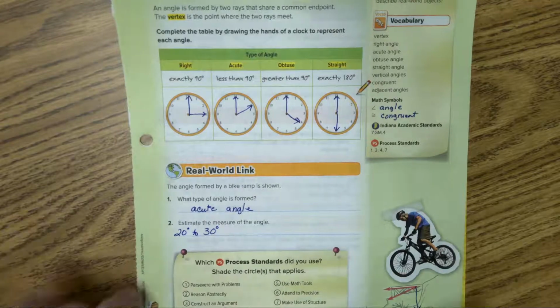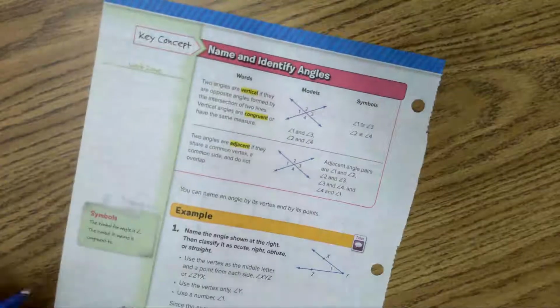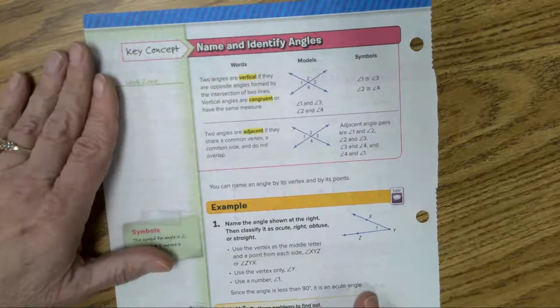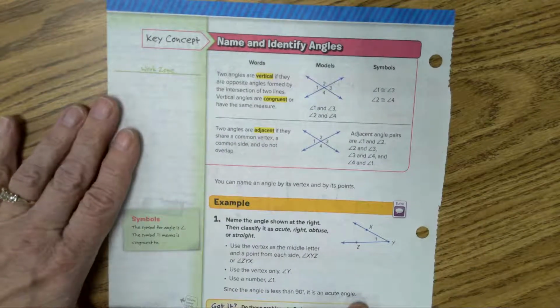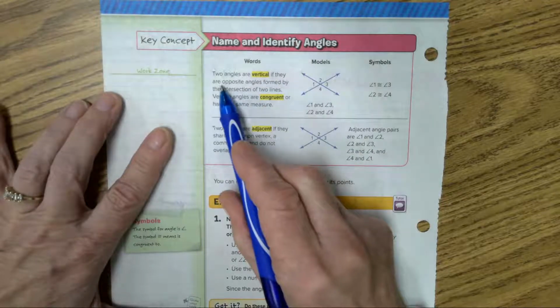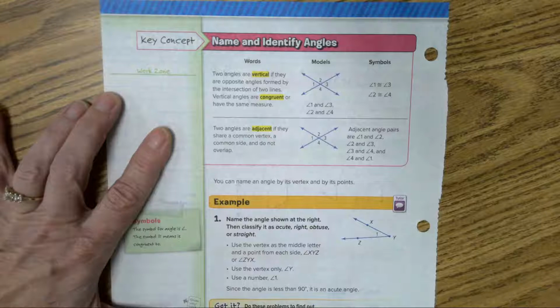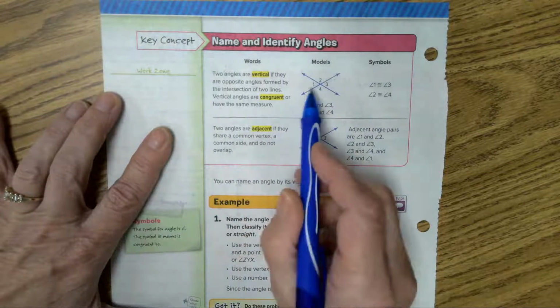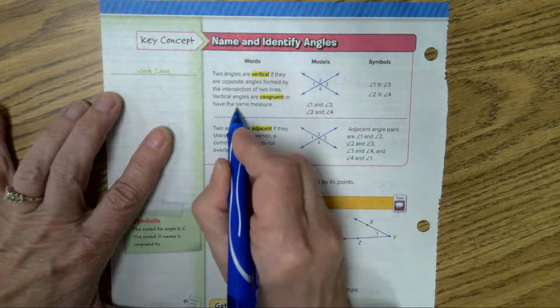All right, now let's go on to the next page, 536. On page 536, we have the words vertical and congruent. Two angles are vertical if they are opposite angles formed by the intersection of two lines. Vertical angles are congruent or have the same measure.